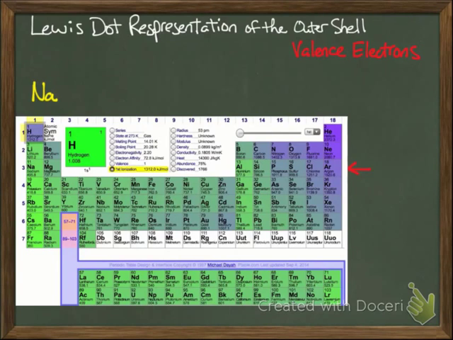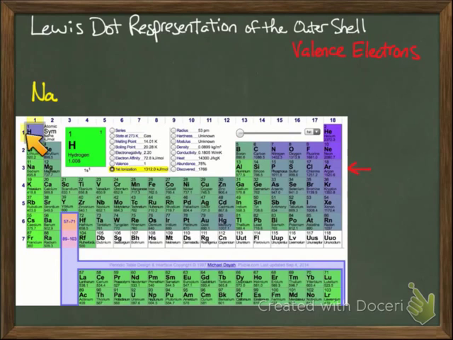Okay, so if we're looking at, for instance, this row right here, sodium through argon, and sodium is the first atom in that particular row, and therefore it has only one electron in that shell, right?